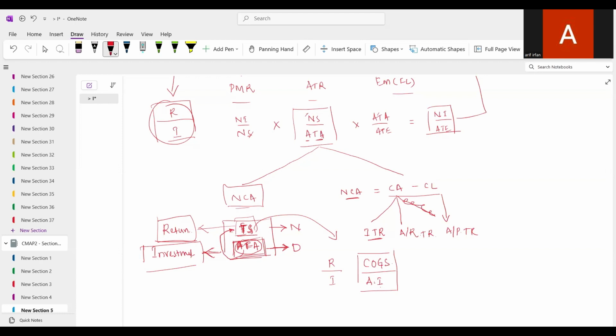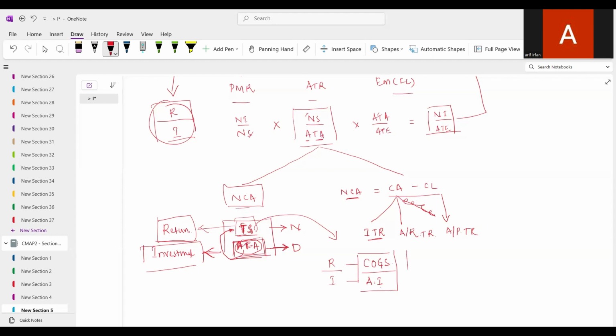It's not that we just memorize and put inventory on top and COGS below and get confused. Our investment is inventory, and our return is that the inventory should convert into COGS, and that is our immediate return. You need to understand in that way. You will not find this in books, but does it make sense when you think in that way, and that's how the formulas are developed. So COGS by average inventory.